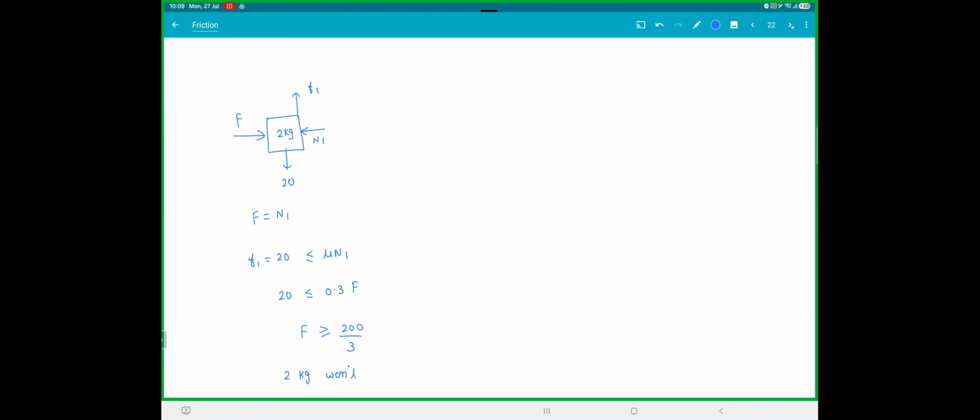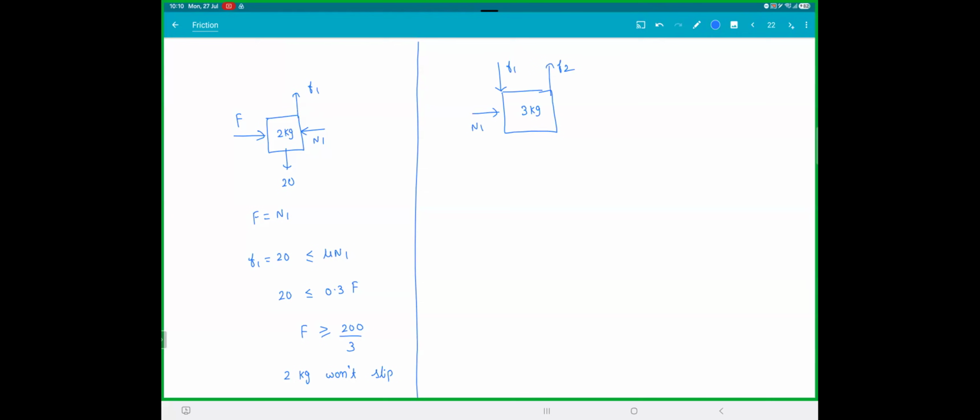See, this is not the answer. This is what the system is telling you. If you give me 200 by 3, I'll make sure 2 kg is not slipping. Now let's see what the other block says. If I draw the FBD for 3 kg, this is N1. This F1 will be acting down, Newton's third law. So if I drag you up, you will drag me down.